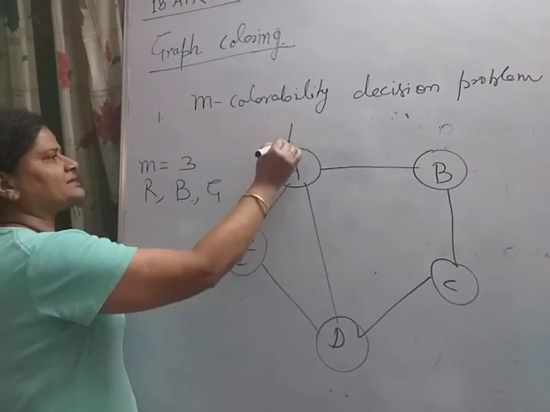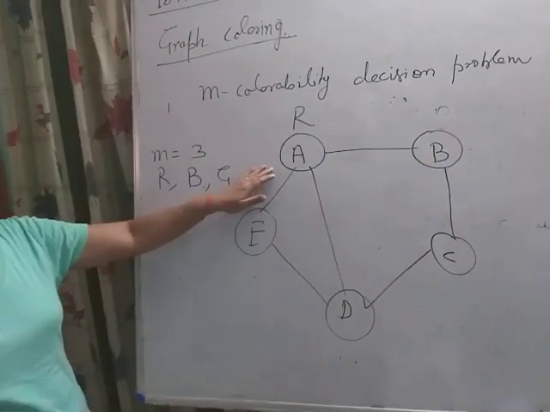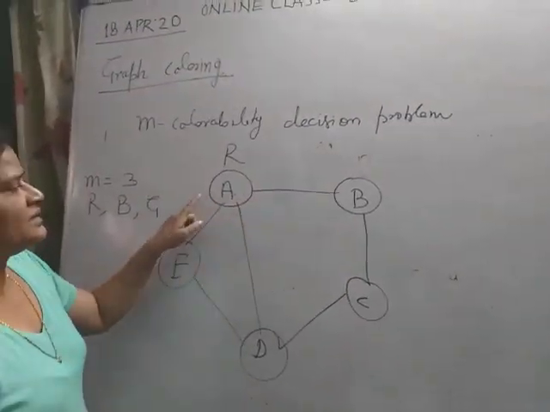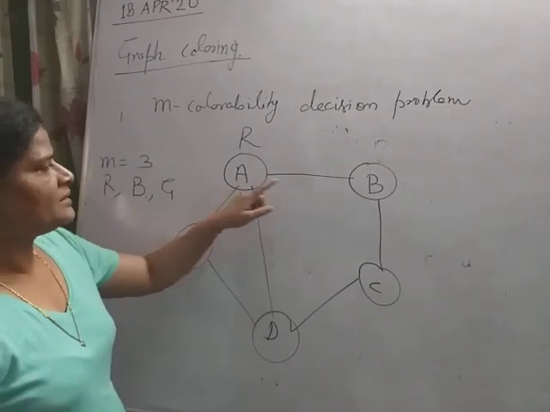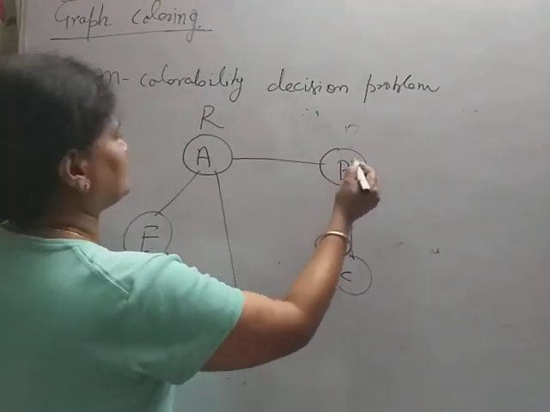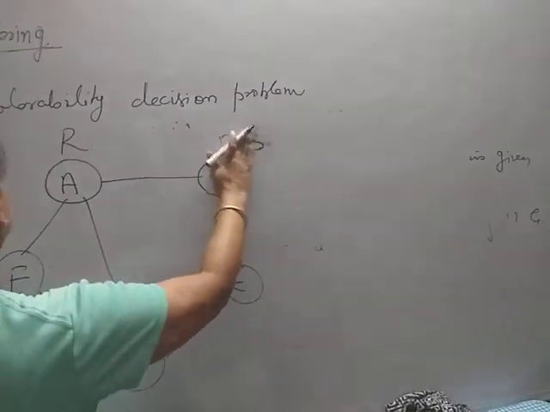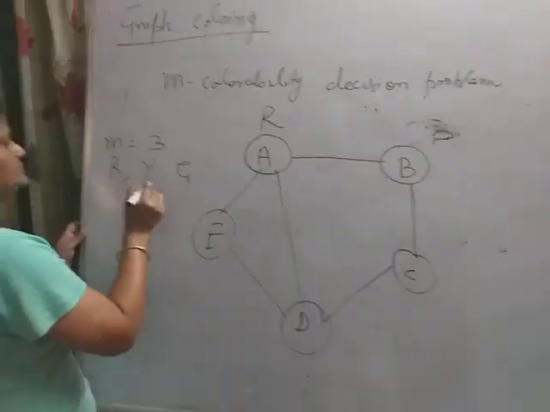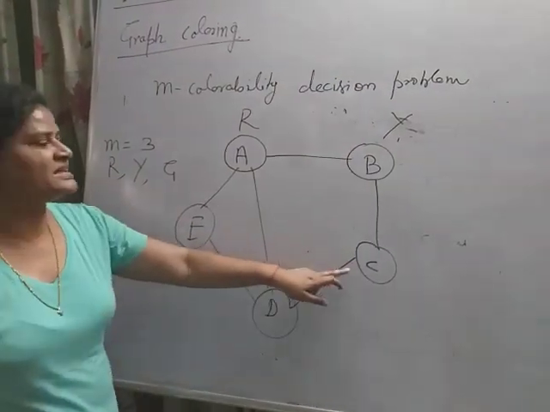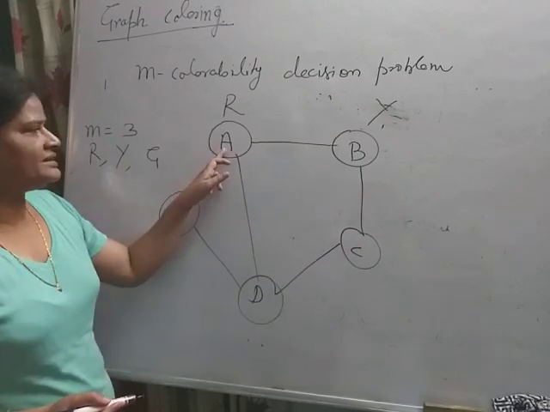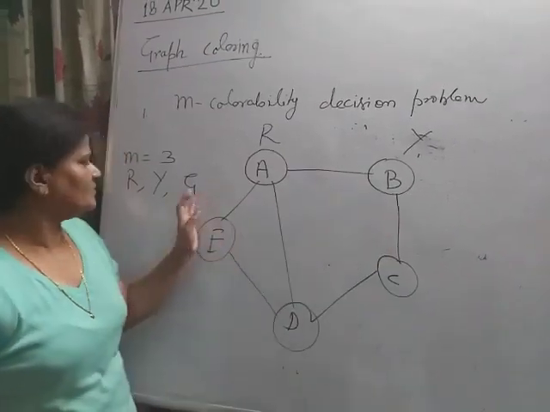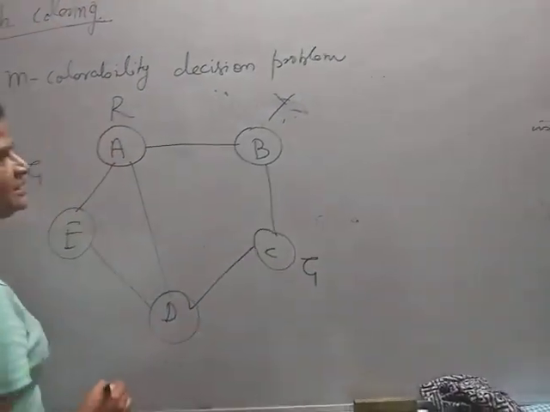Suppose I have selected the red color for vertex A. B cannot be colored with red, as B is adjacent to A. So let's take another color, say yellow, for B. Then C can be colored with red or green, but it cannot be colored with yellow as C is adjacent to B. So we can color C with green.